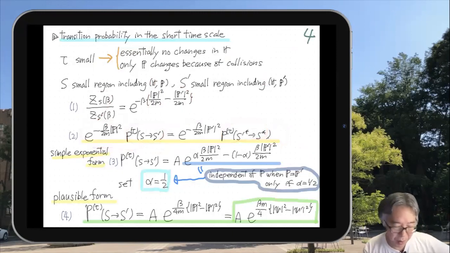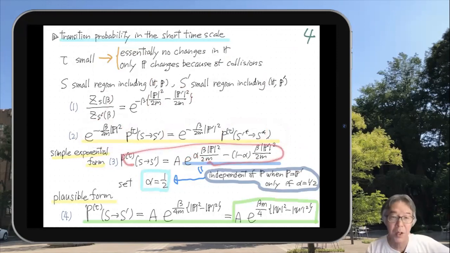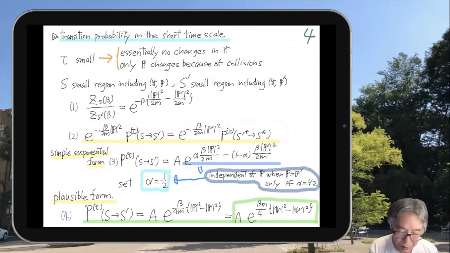Now we further argue that if P is written in a simple form of an exponential times some function of kinetic energies, then it must be written in this form. Of course, you can think about much more complicated forms, but the simplest form you can think about is this, and here alpha is any constant.